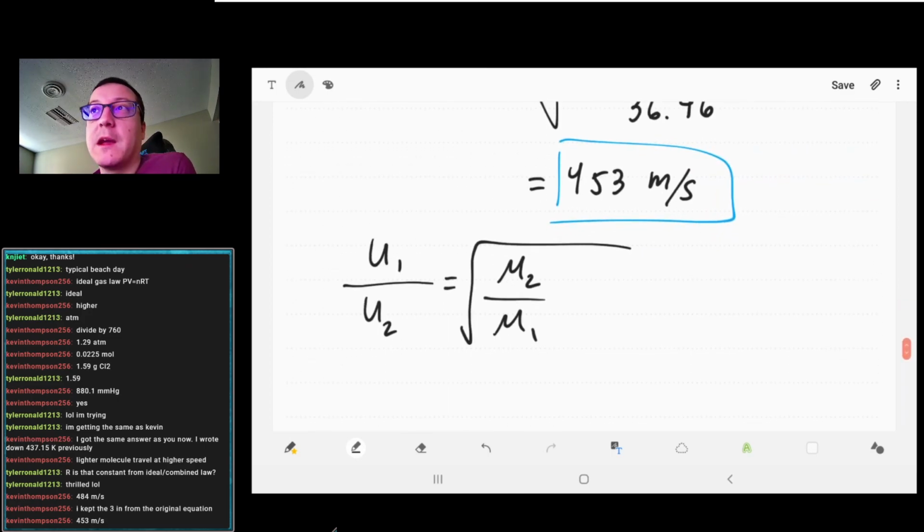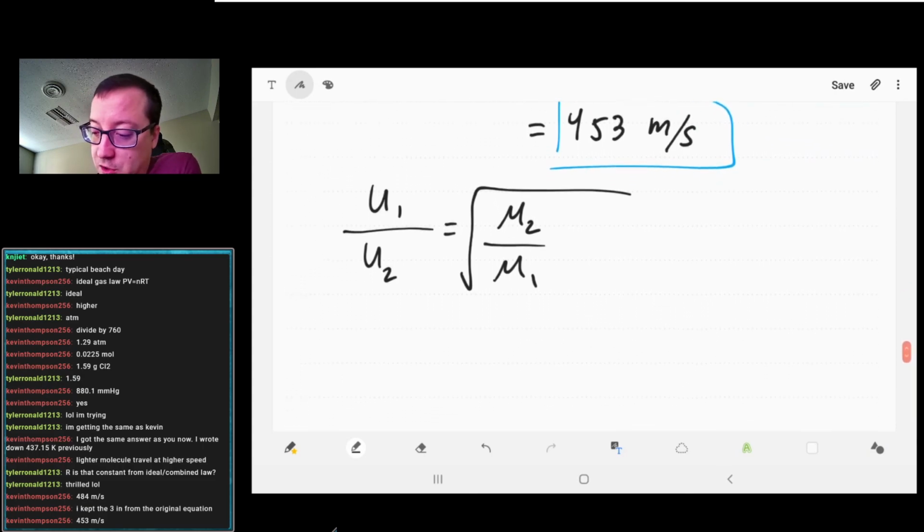If we wanted to compare these two, we could just rearrange the equation like this, where we'll have the speed of whatever gas we're looking at over the speed of another gas, equal to the square root of the molar mass of the second gas over the molar mass of the first gas. Since 3R and T would be the same, since the gas would be at the same temperature, R is a constant, and 3 is a constant. So we can use this to compare speeds of something.